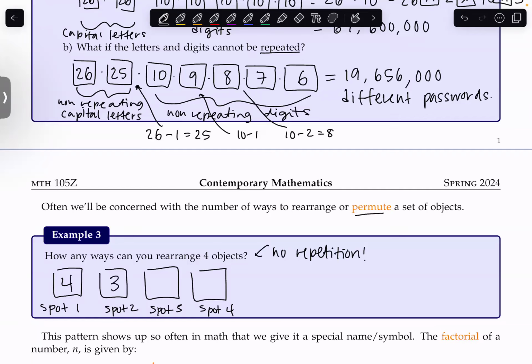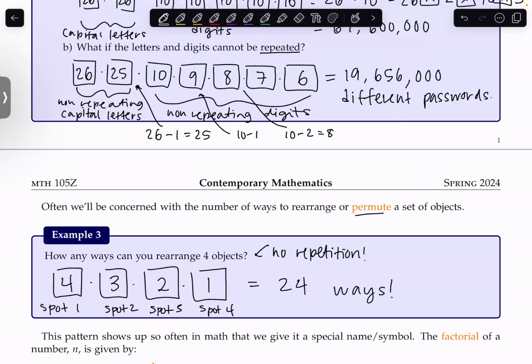So unlike last time, we'll be going down by 1 every single time because we have 1 less choice in my objects. So for spot 2, I have 3 options. For spot 3, I have 2 options, and I only have 1 object left. And so this is the only choice I have. And then I'll multiply these numbers together. Okay, and when I do this, I'll get back 24.